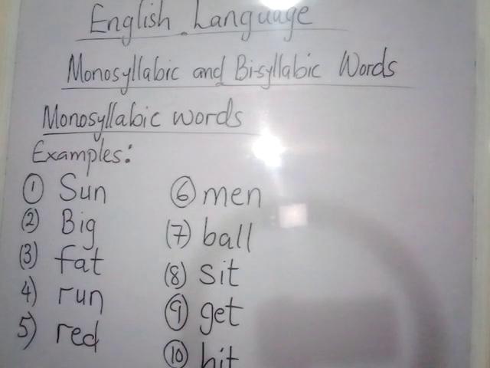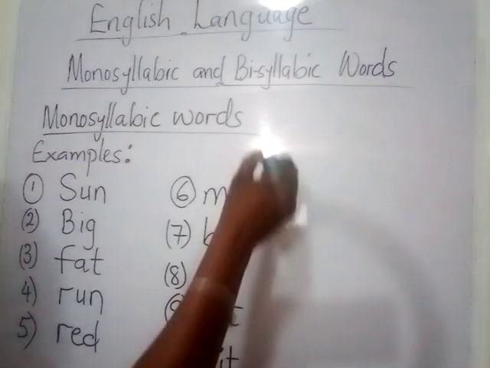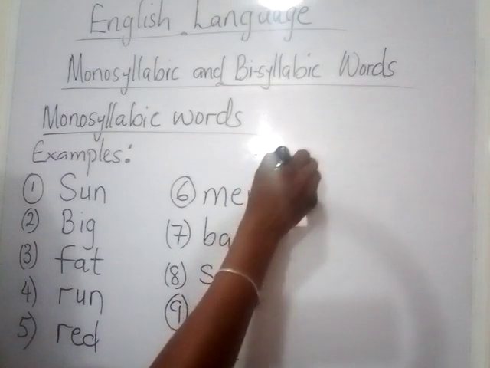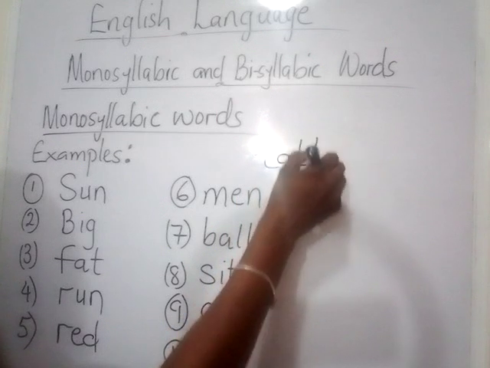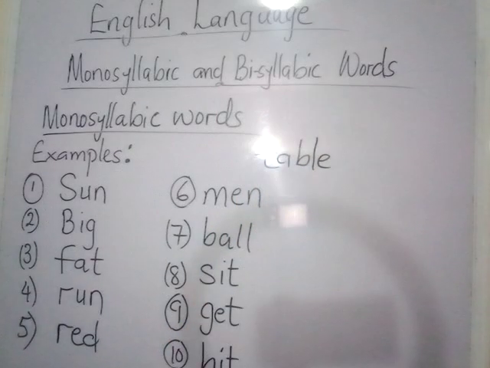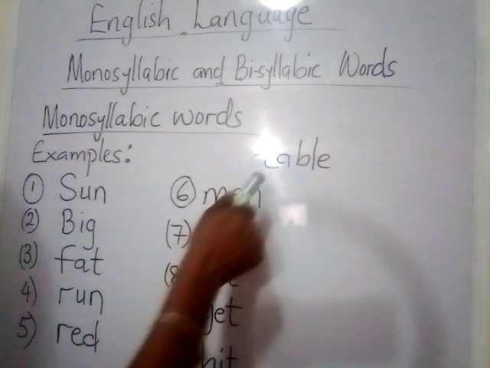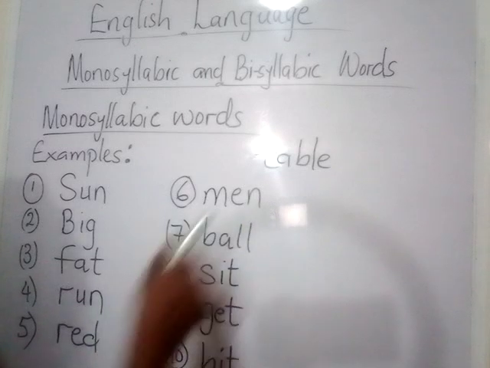Now I'm going to say something so that you will understand what we're trying to bring out here. Look at a word, for instance, like this. Try and pronounce this word. It's pronounced table.